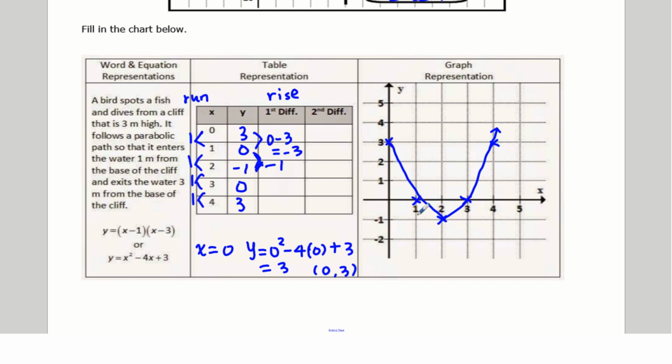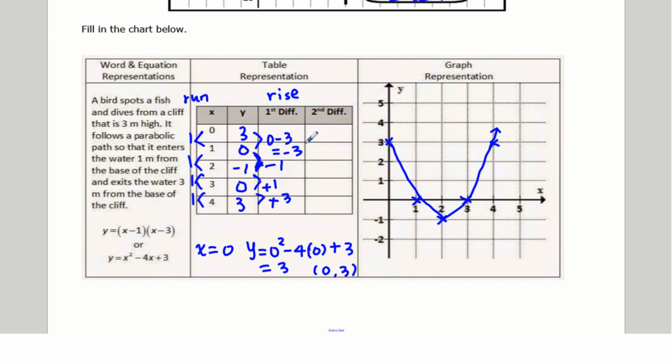From 0 to -1 is down 1, right 1, so the slope is -1. From -1 to 0 is right 1, up 1. And from 0 to 3 is right 1, up 3. Then you will see the slopes are not the same, so it is not a straight line.